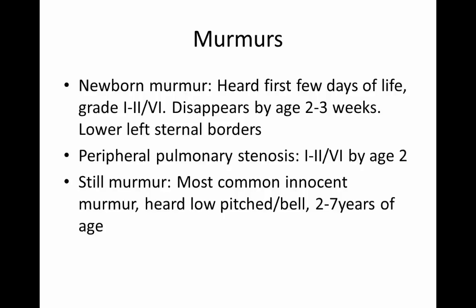The Still murmur is a musical or vibratory, short, grade 1, 2, rarely 3, early systolic murmur, and is loudest when the patient is supine. It diminishes or disappears with inspiration or when the patient is sitting. It's also louder when the patient has fever, anemia, sinus tachycardia, or increased oxygen demand.